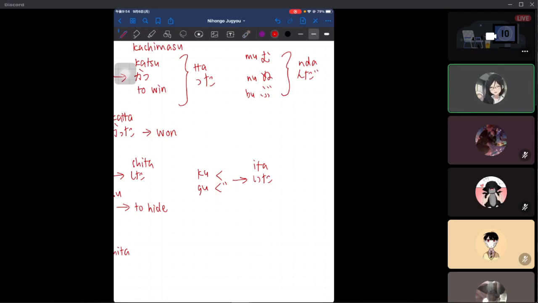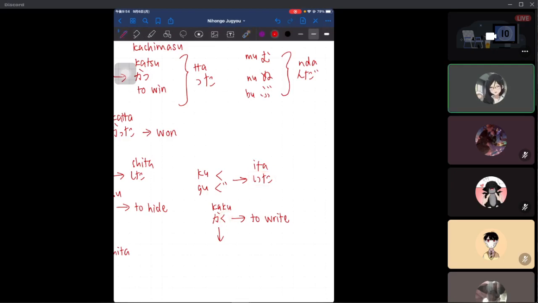For example, kaku. This one means to write. Kakimasu. To write. If you change it into a past tense short form, basically you replace the ku or gu, in this case ku, with ita.